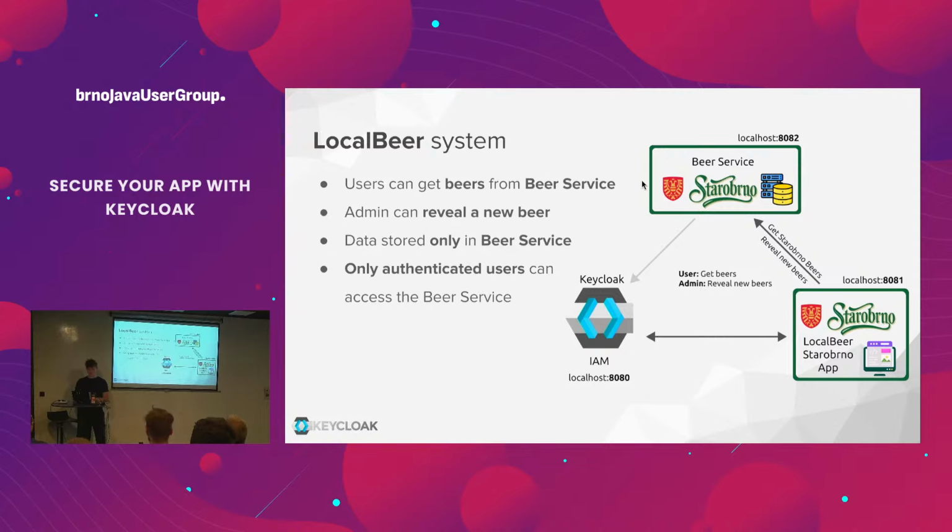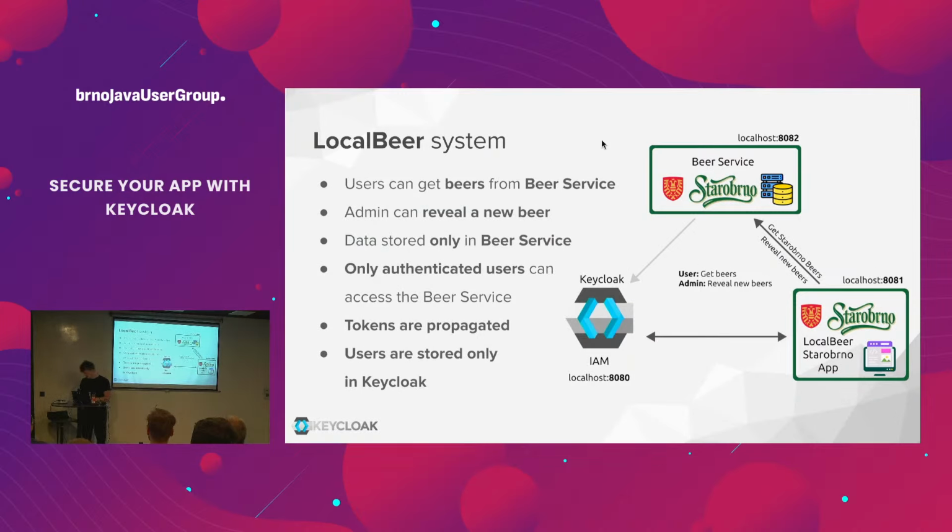Only authenticated users can access the beer service, and tokens are propagated. It means that when the front-end application receives the token from Keycloak, it just reuses it and calls the beer service endpoint with the token. And to emphasize more, users are stored only in Keycloak.